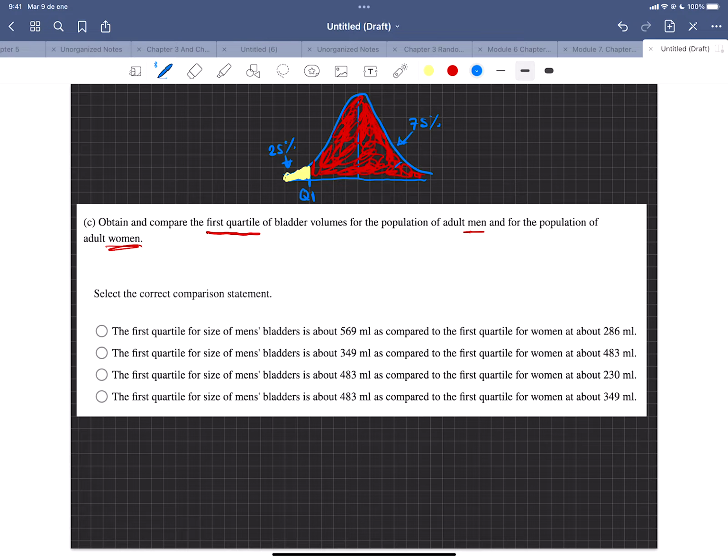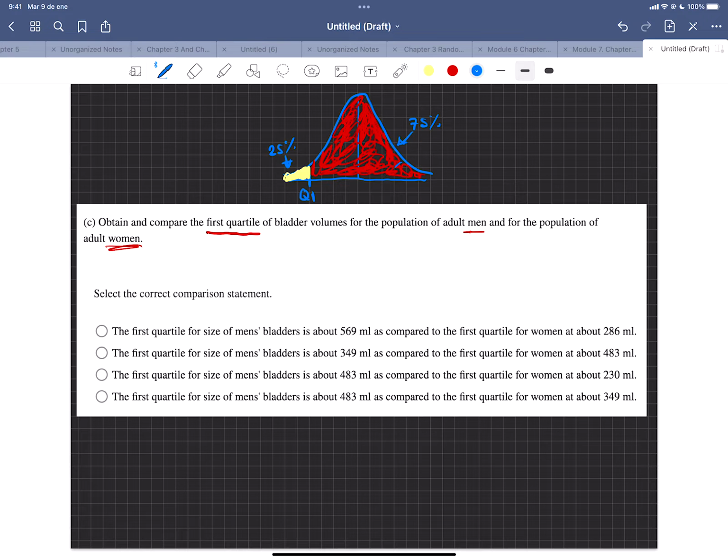Notice we already have here the information for women, so let's use it. But here in options, write 0.25, because the first quartile is 0.25 to the left. So use left tail, and then OK.